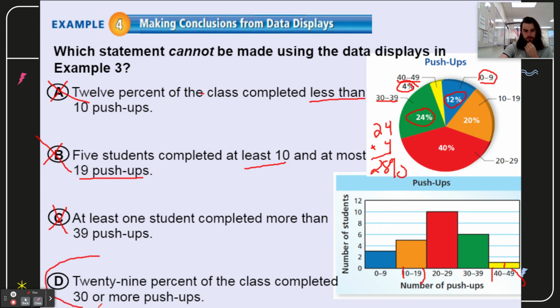So D would be our answer in this case. We've also gone through process of elimination, but just to double check that we got it, we made sure we added our percentages from our pie chart.